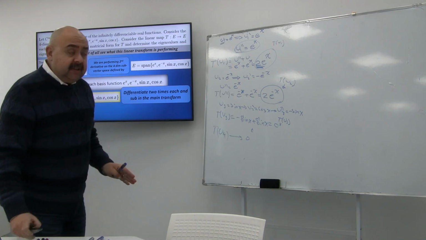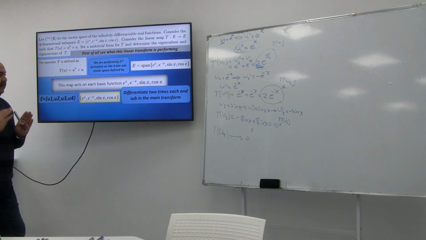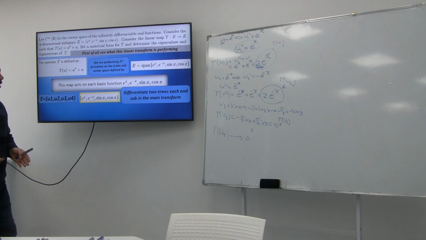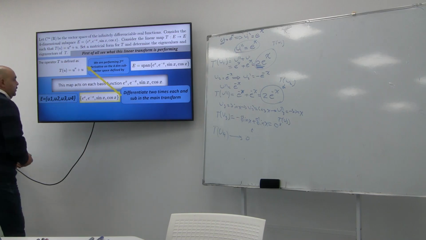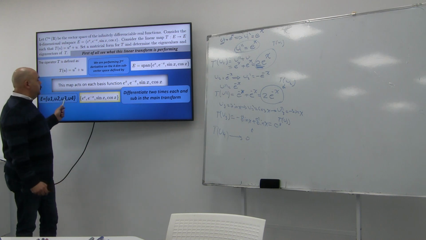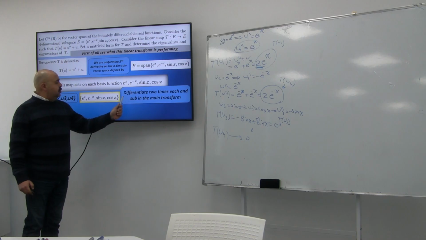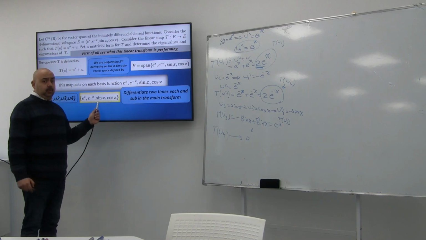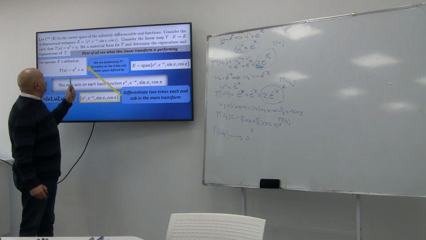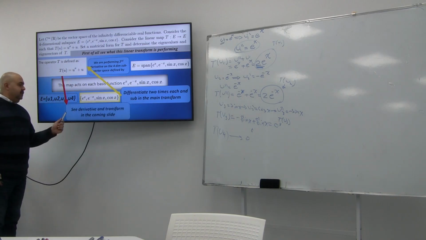All of these steps are for the sake of finding the corresponding matrix that I will need to find its eigenvalues and eigenvectors. So it's stated here, this is u1, u2, u3, u4: e^x, e^(-x), sin x, cos x. Start differentiating each one of these 2 times, then use your linear transform in order to get the results.